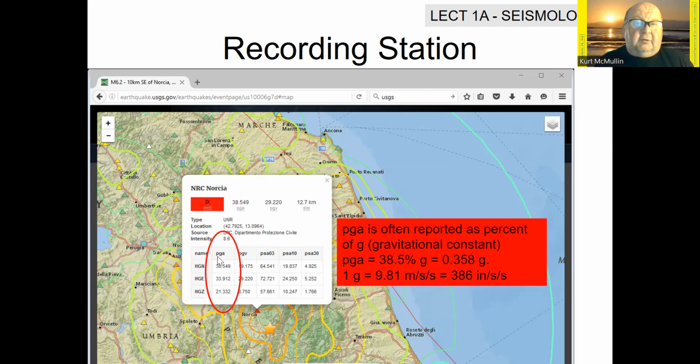PGA is the peak ground acceleration measured during that earthquake, often reported in percent of G, where G is Earth's gravitational pull.